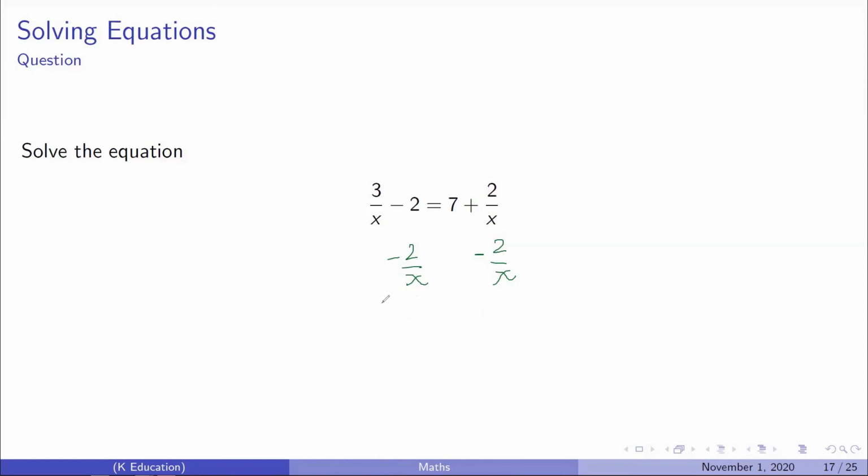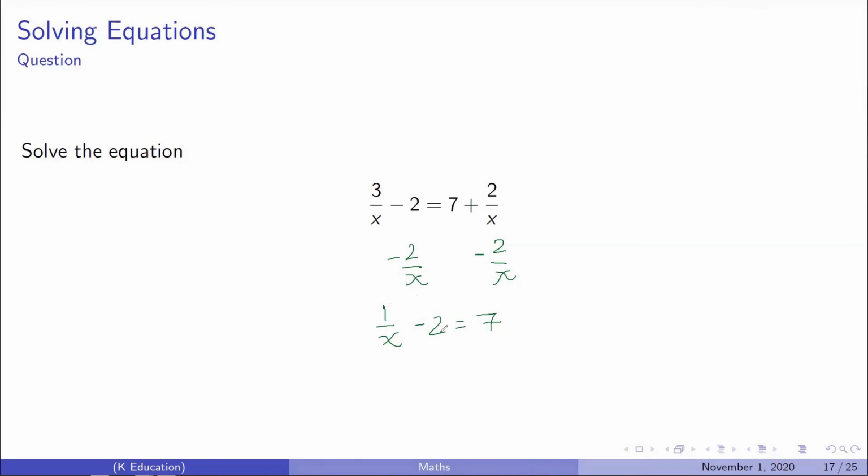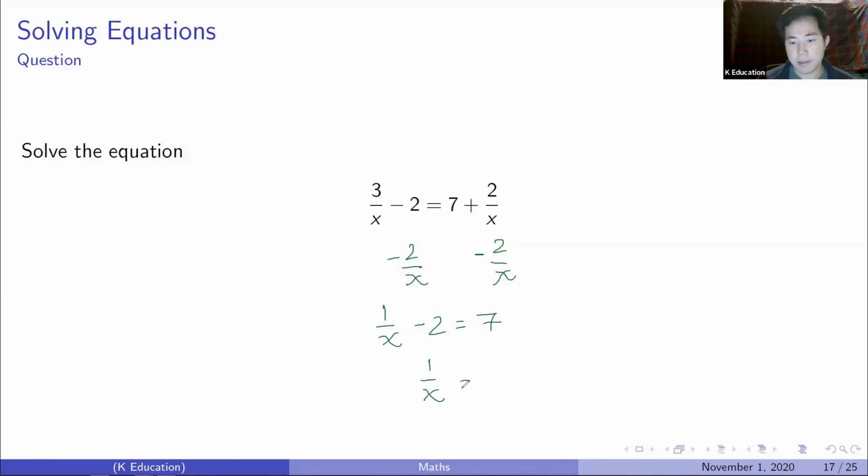It will be 1 over x minus 2 equals 7. Yep. Do you know what to do next? And then you could plus 2. So 1 over x equals 9. So finally, how do you find x?